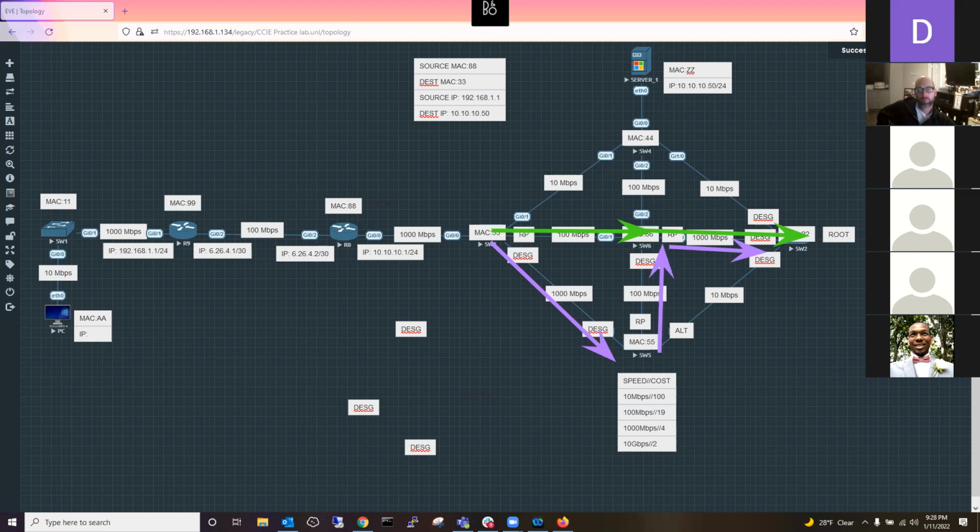I cannot see the number of the interface, but the one going to switch 5 will be the designated port. And what's that total cost? The total cost is 423 and 27.